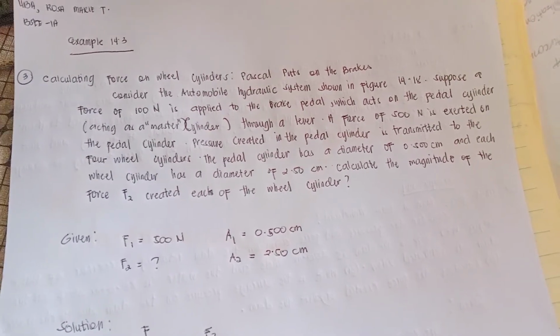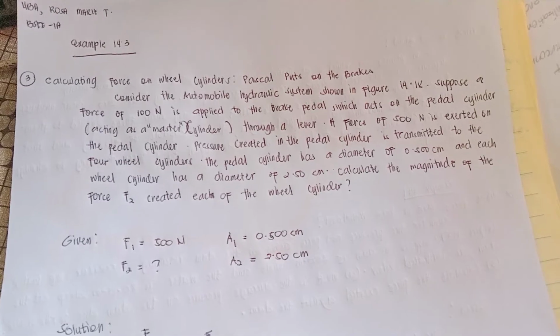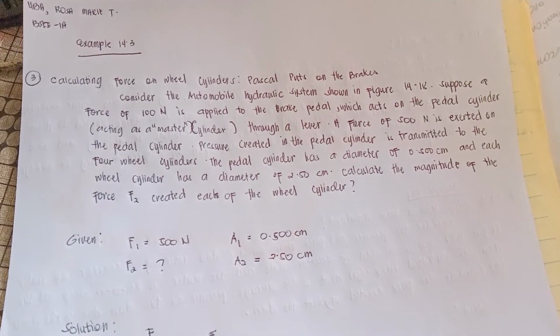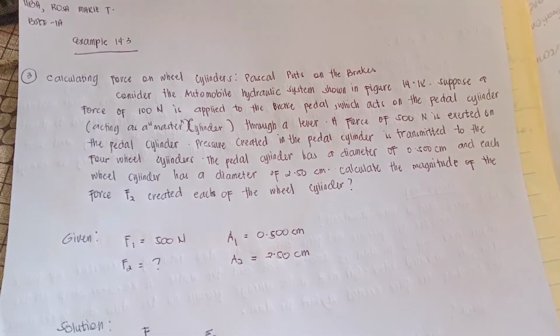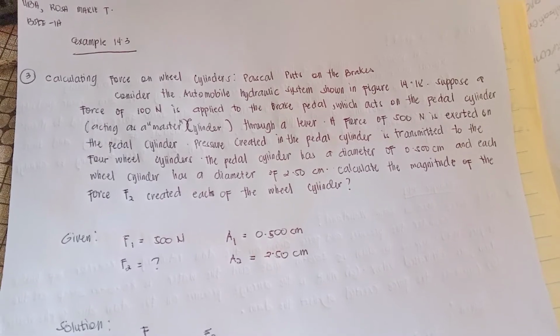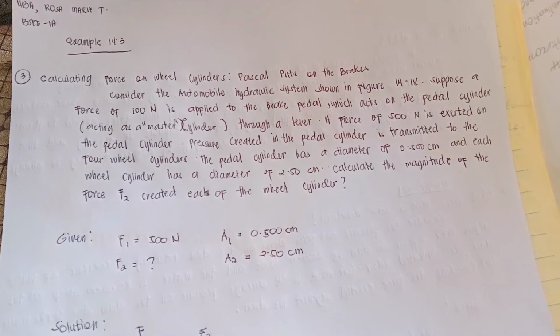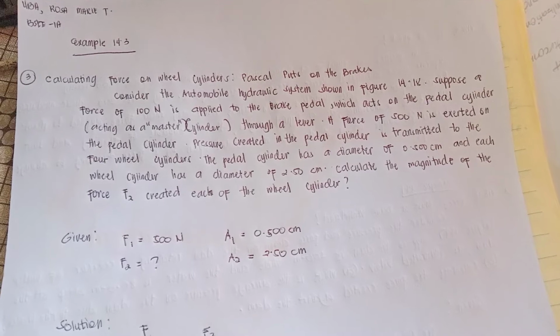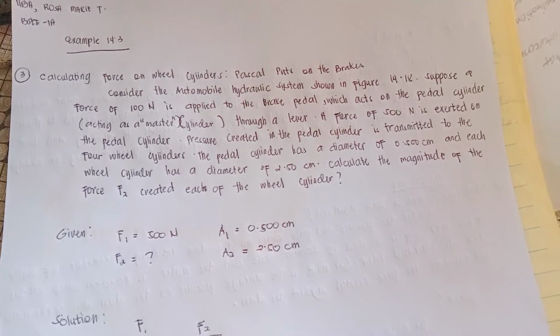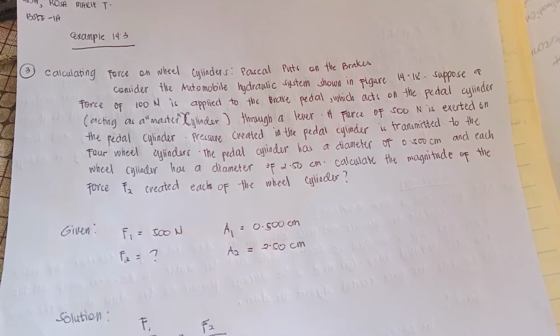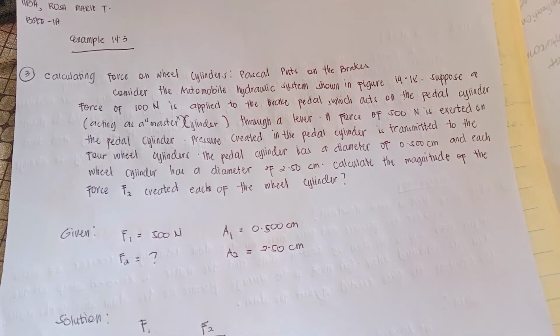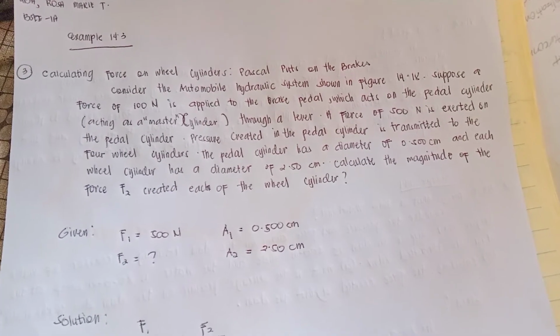Through a lever, a force of 500 Newton is exerted on the pedal cylinder. Pressure created in the pedal cylinder is transmitted to the four wheel cylinders. The pedal cylinder has a diameter of 0.500 centimeter and each wheel cylinder has a diameter of 2.50 centimeter.